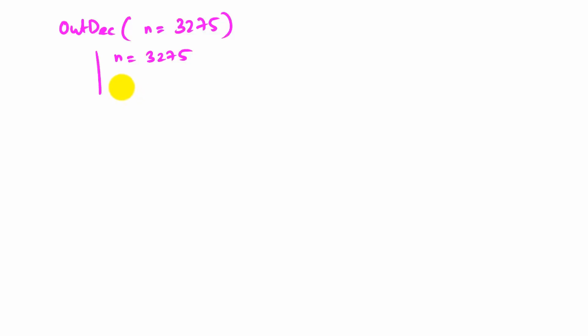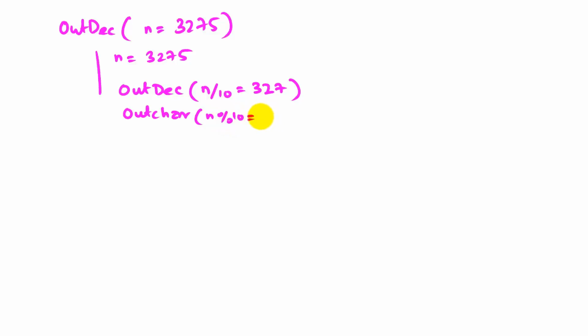I'm going to call outdeck with n divided by 10, which is going to be 327. And I know that I have a statement outside of it, but I only come to this once the recursion ends, and this is going to be n mod 10, which is basically the digit 5. So let's go through the motions.